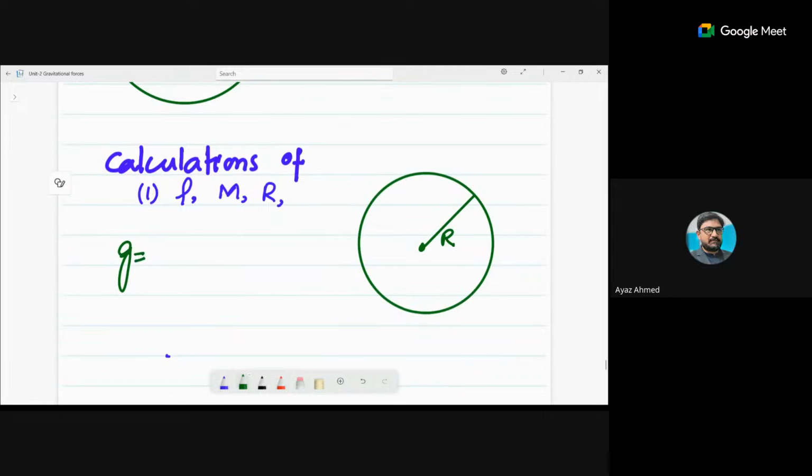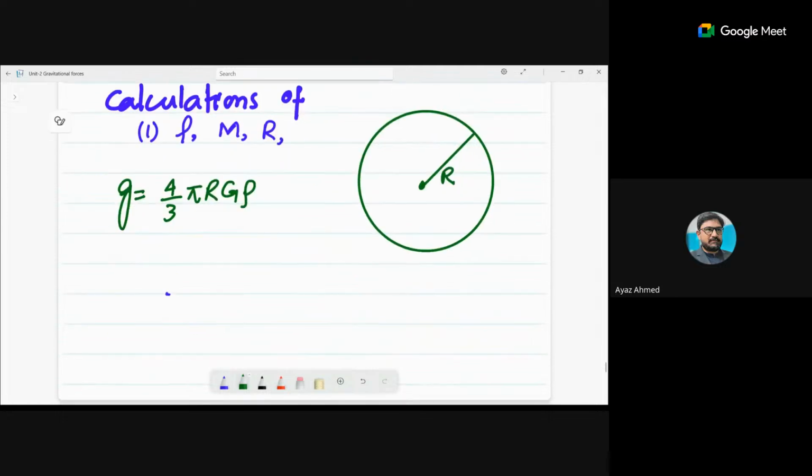I can say that the value of g in the form of the entire earth is equal to 4 by 3 pi r g into density. Yes, this is the formula.